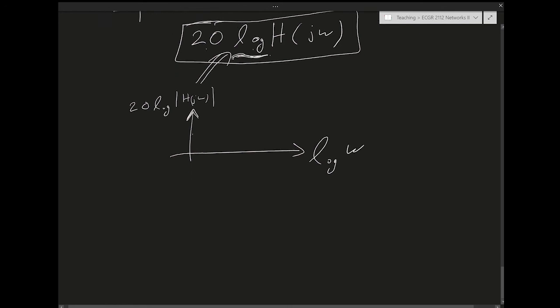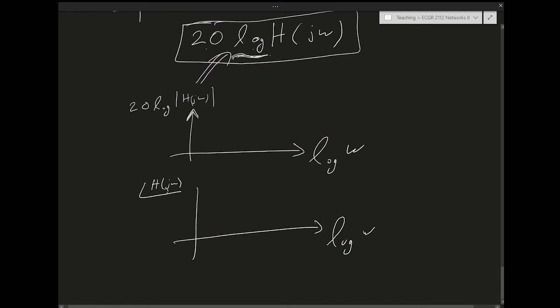This allows us to draw everything as lines with constant slopes. Those are called the asymptotes. We can much more easily draw the asymptotes, which I'll show you how to do. And then the phase is just the phase of H(j omega) plotted with respect to log omega.